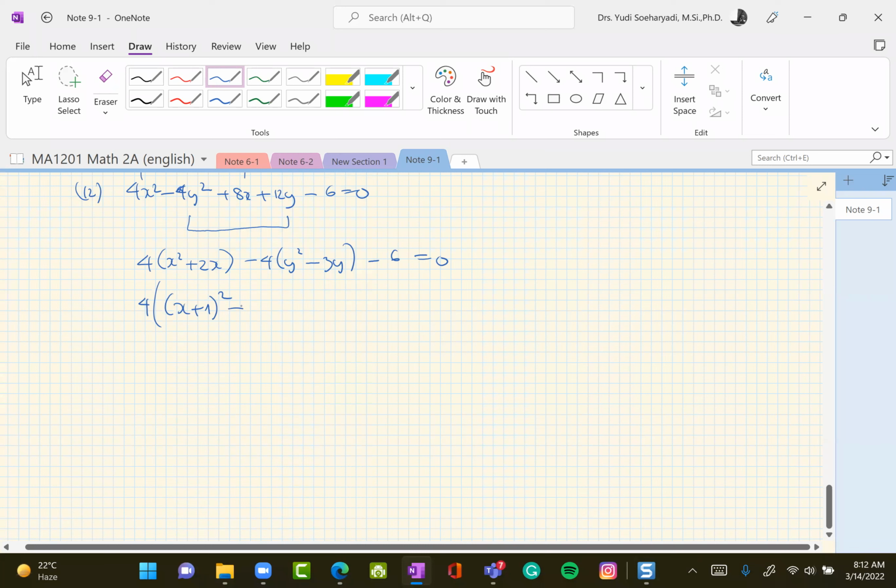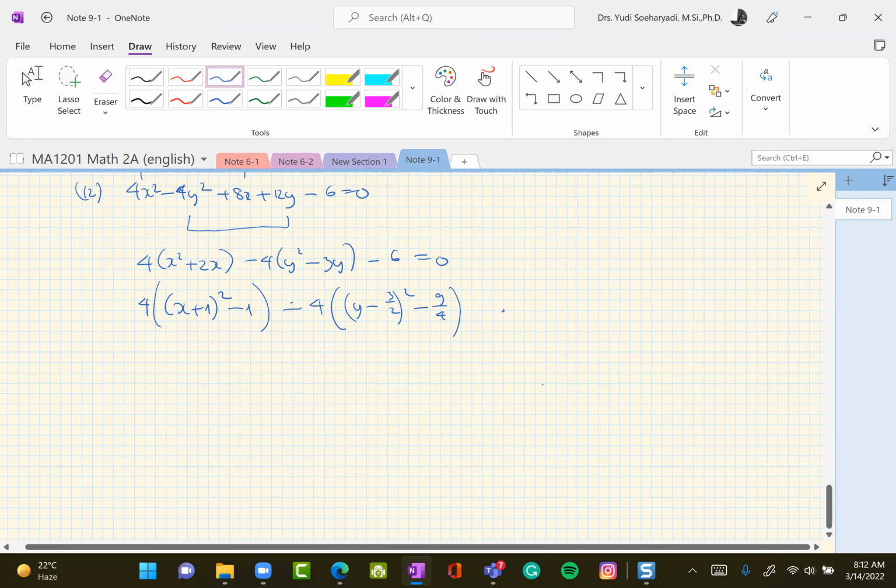Then you complete the square: y minus 3 halves, and subtract 9/4, minus 6.